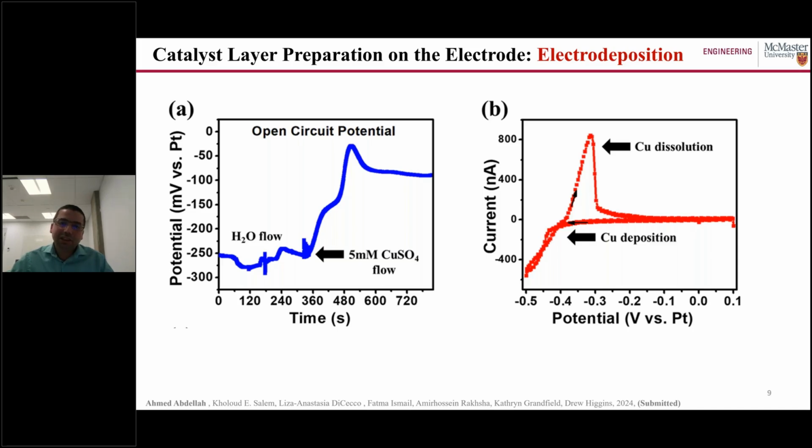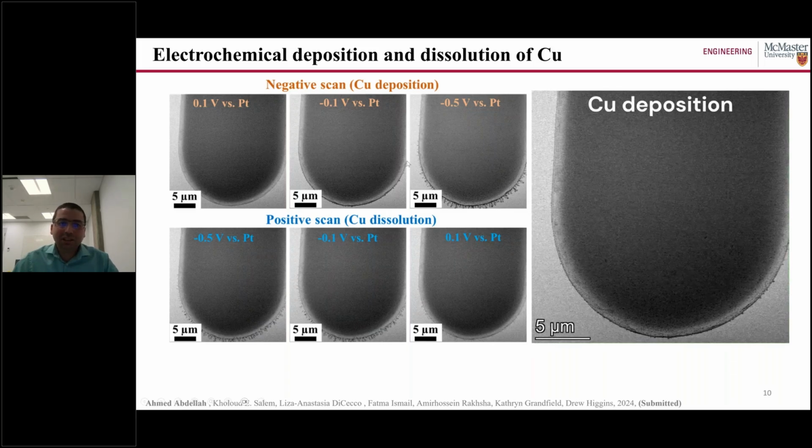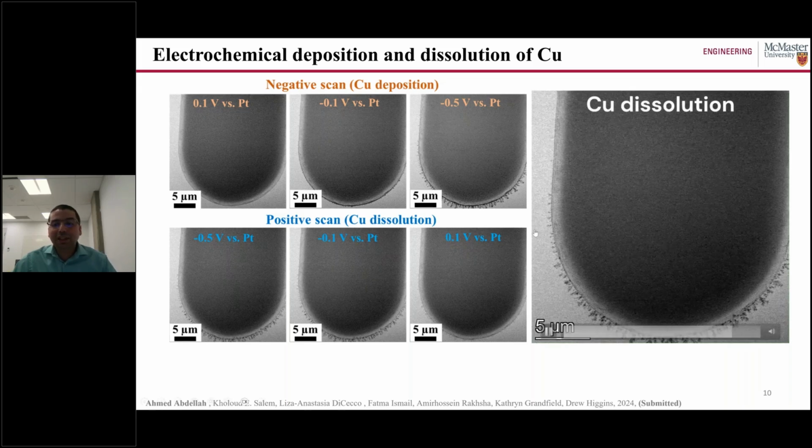As you can see in this picture, on the top side, when you apply a negative potential, you can see copper particles starting to grow on the working electrode. Once you go into the positive scan, the copper particles start dissolving in the electrolyte. So using this technique, you can track the formation and nucleation of the catalyst using electrodeposition.